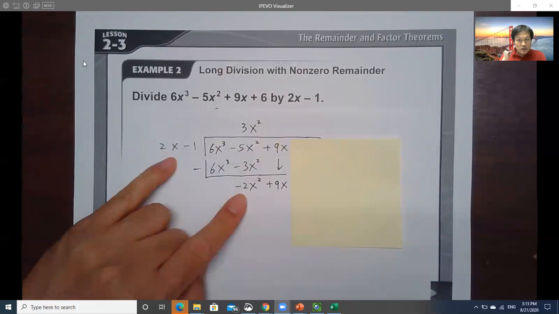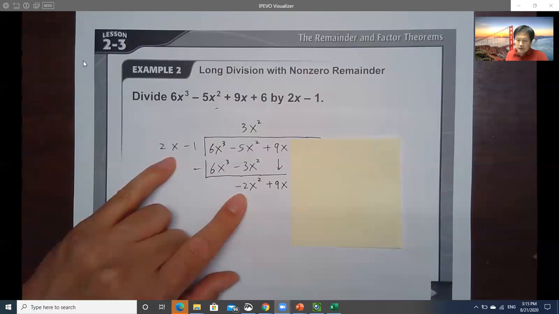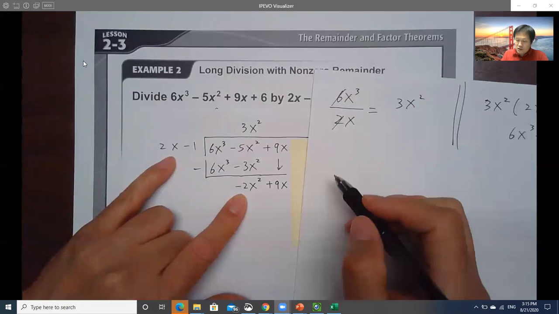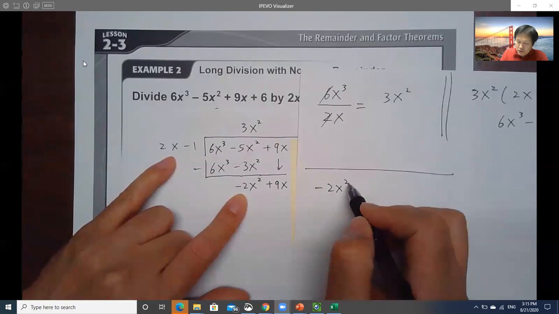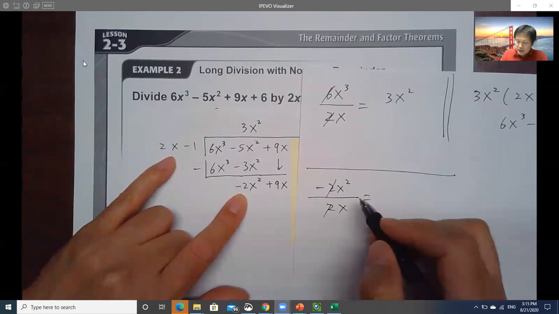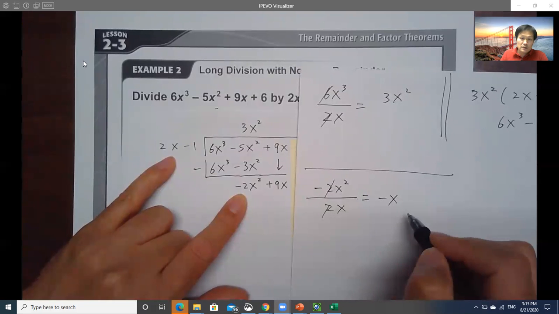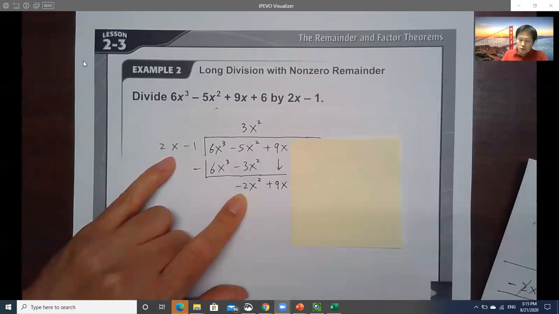It should be minus x. If you did not quite catch that, then you just divide minus 2x squared by 2x. So 2 cancels out, x and x cancel out, you end up with a minus x. So minus x is the one you have to write on the quotient.